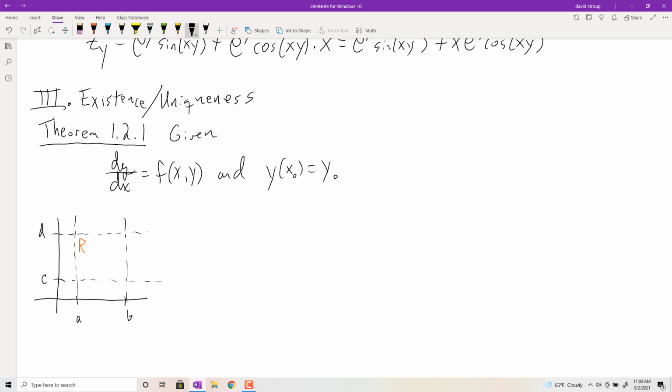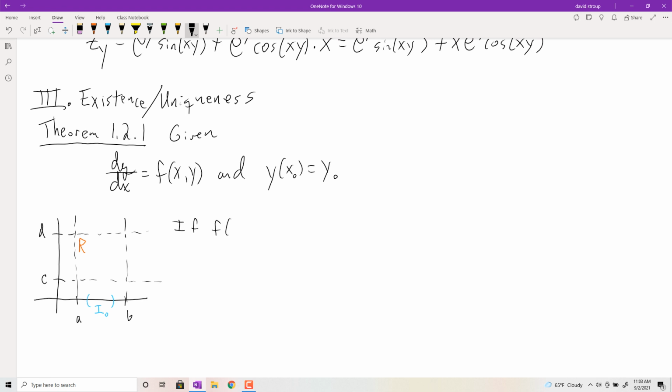And within this interval from A to B, there's going to be this I sub 0 interval. So maybe put that in blue. So we'll just call it I sub 0. And okay, so let me write it out.